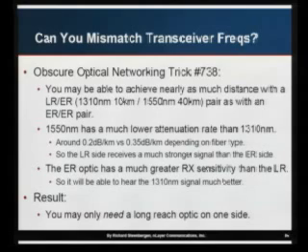So the signal is going to attenuate a lot less by the time it reaches you. So the LR side is going to be receiving a stronger signal. On the other side, the ER optic has a greater sensitivity than the LR. So you combine these two things and you can actually get 40 kilometer reaches by mismatching an LR and an ER. You don't need two 40 kilometer optics. And this is, of course, dependent on the actual engineering of your system, and you need to check before you do this, but people have been using this trick for a while and it works.